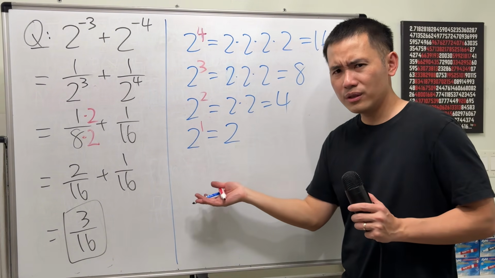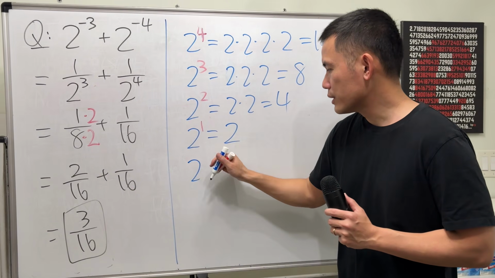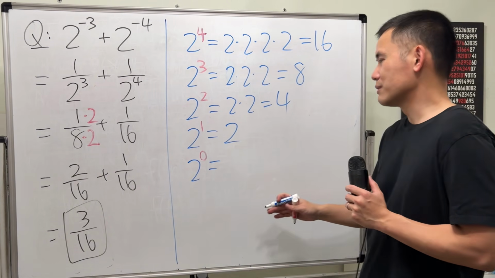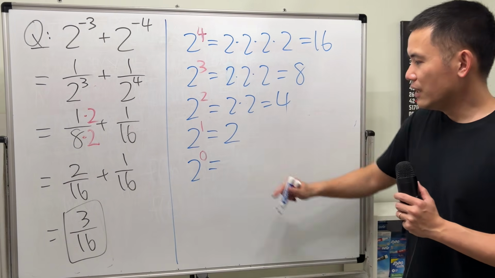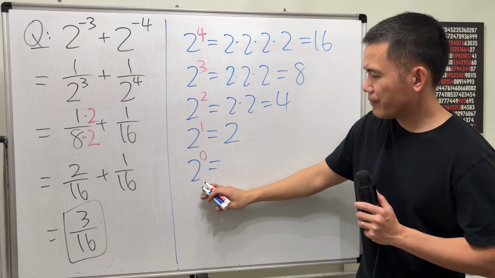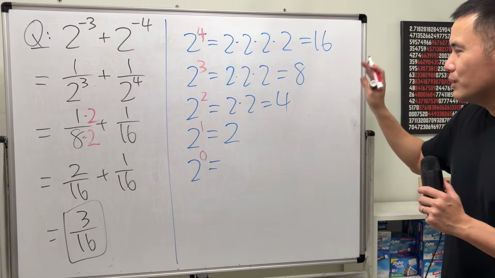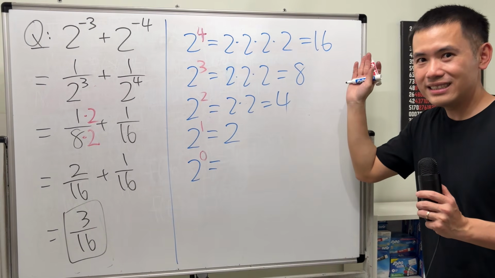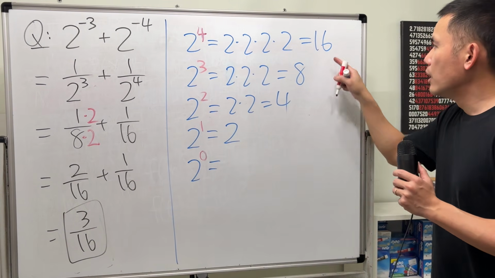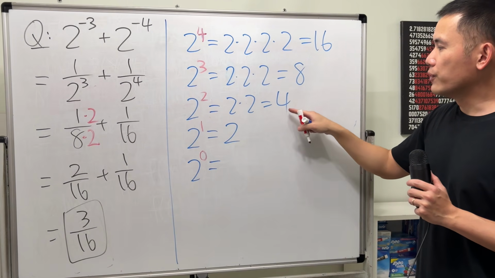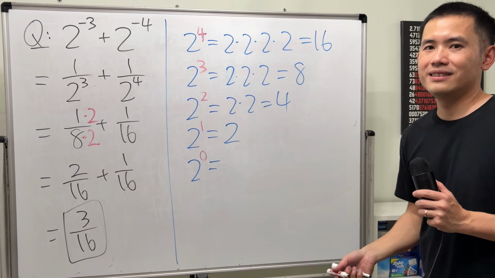Can we keep going? Yes. If you have 2 to the 0th power, in fact, we run into a small trouble, because if you just look at 2 to the 0th power, what does this equal? I don't know. But if you look at the results, from 16 to 8, from 8 to 4, from 4 to 2, what happens?